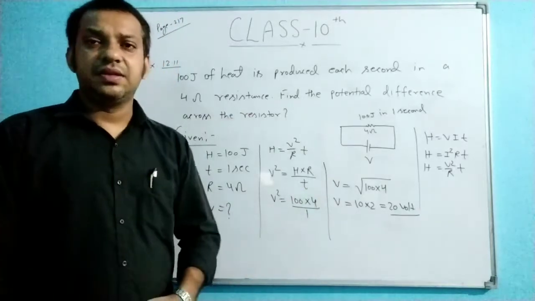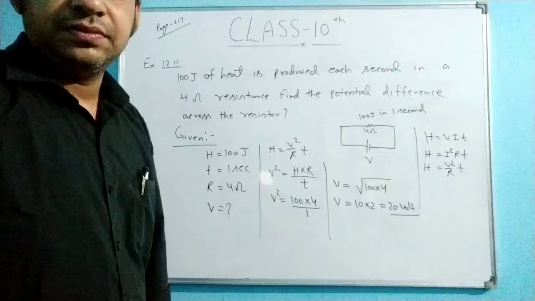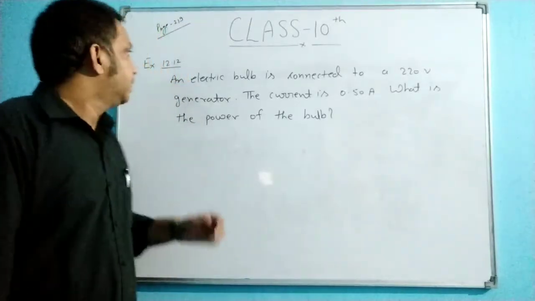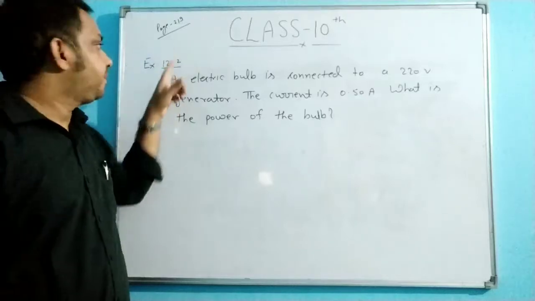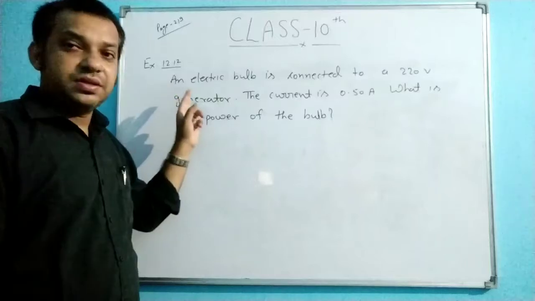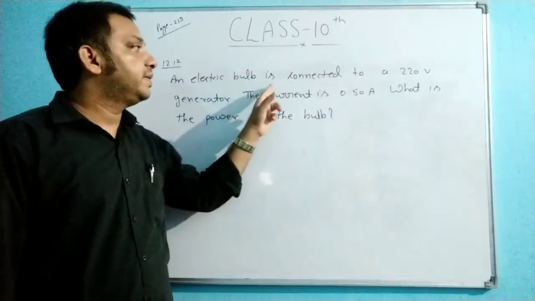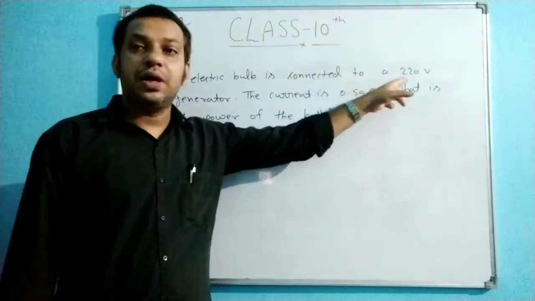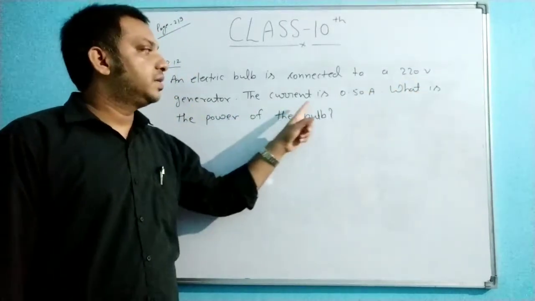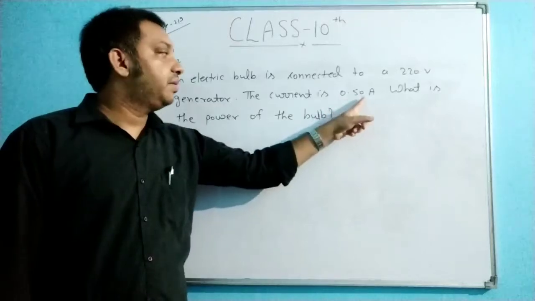Let us discuss another question. Let us see another question on page number 219, example number 12.12. The question is: an electric bulb is connected to a 220 volt generator. The current is 0.50 ampere.